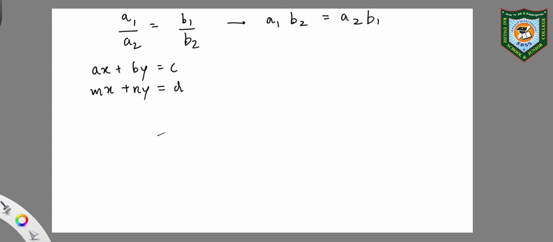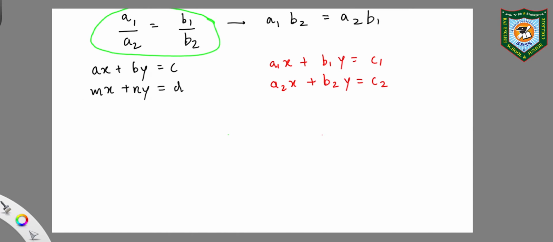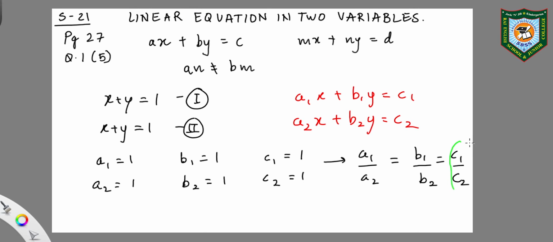That means I'll compare equation number 1 with a1x plus b1y equals c1, and equation 2 with a2x plus b2y equals c2. Now before we make a conclusion, let's focus here. I have a1 by a2 equals b1 by b2, which also equals c1 by c2. Whenever I get these ratios, that means both the equations are the same.